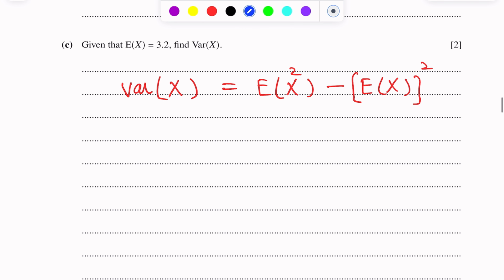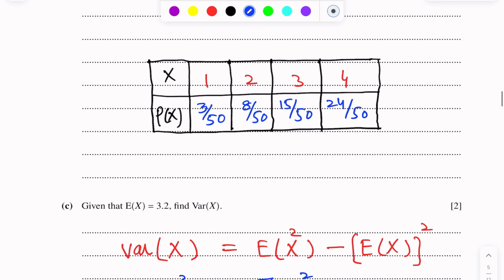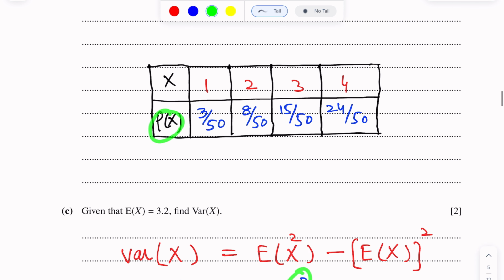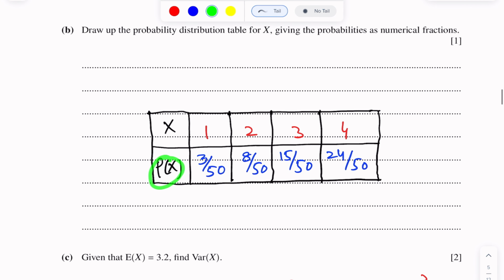E(x squared) will be the summation of the product of x squared into P(x). Now we will take help from this table. We need x squared and probability. Probability we already have, but we need the square of x. So we make a little change in this table.